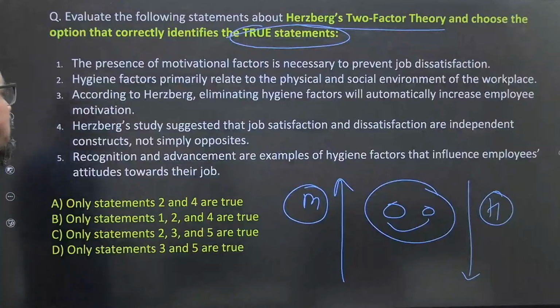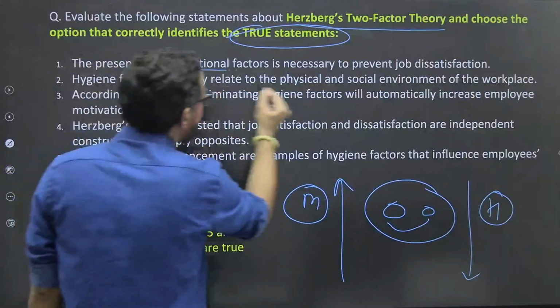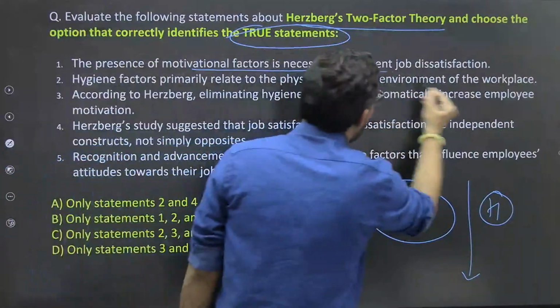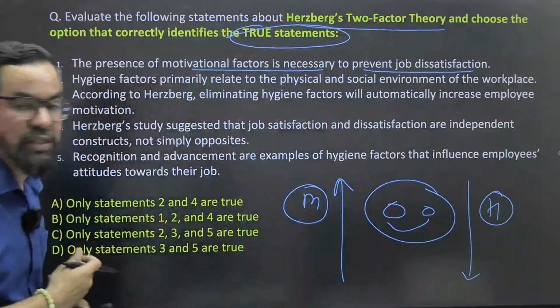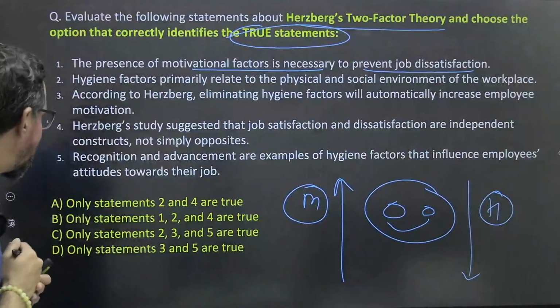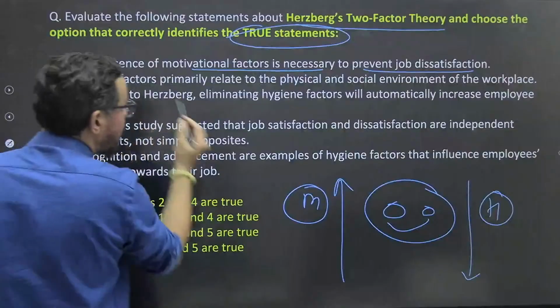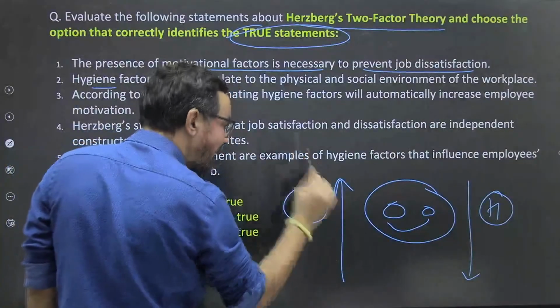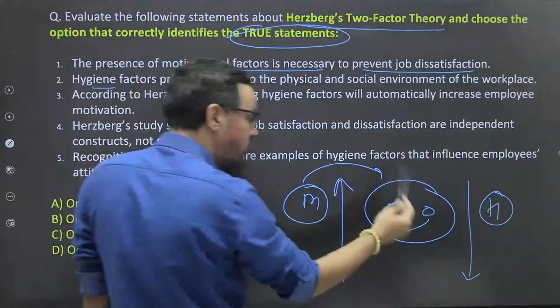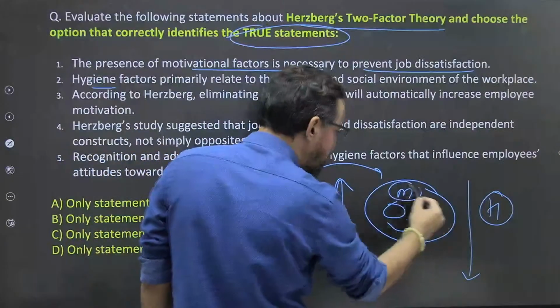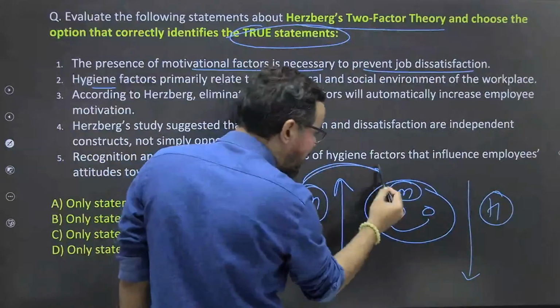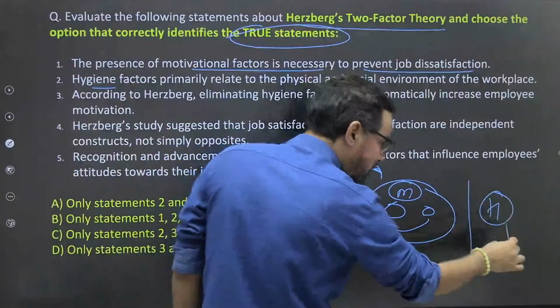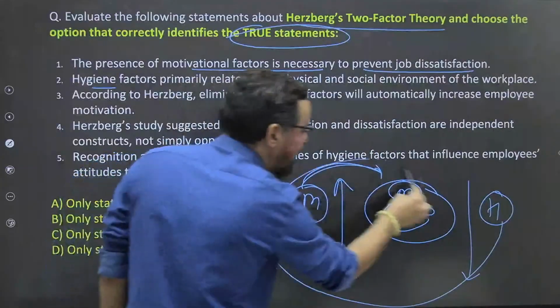What will be the correct answer? The presence of motivational factors is necessary to prevent job dissatisfaction. They have mentioned dissatisfaction. Motivators have a direct impact on motivation. This is a motivated employee. But hygiene factors are something linked indirectly.